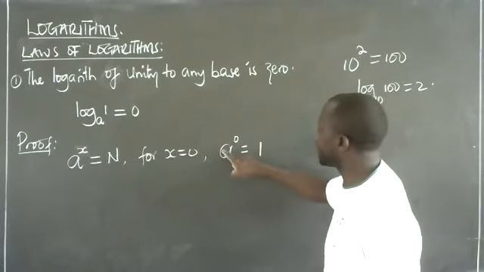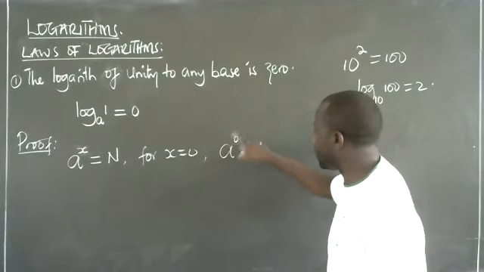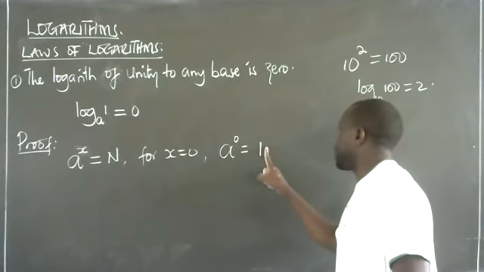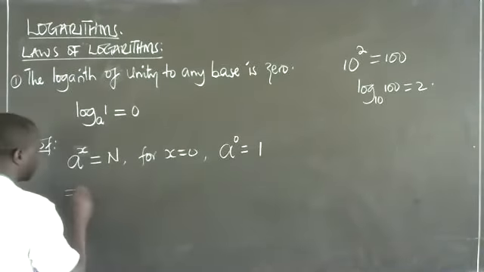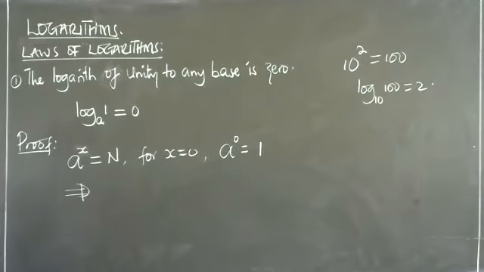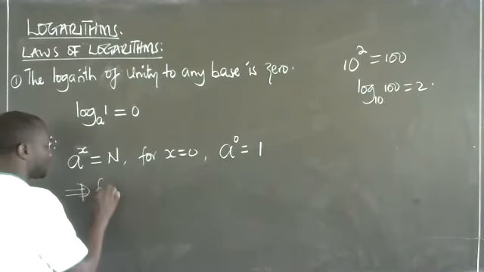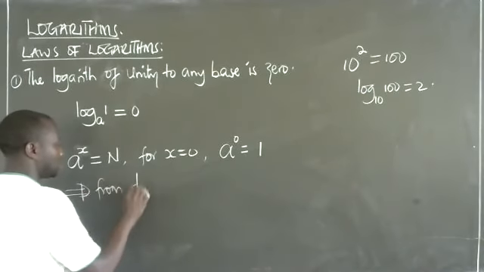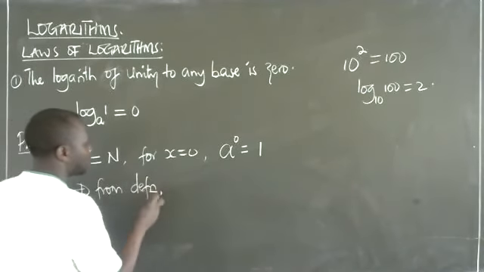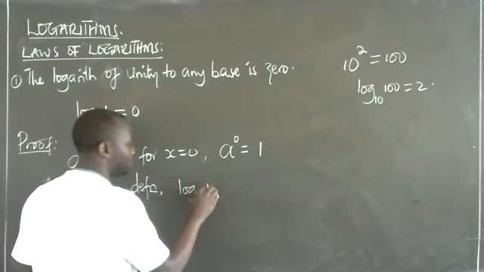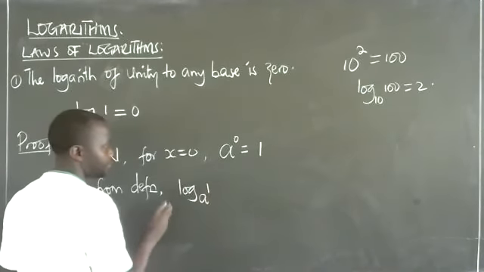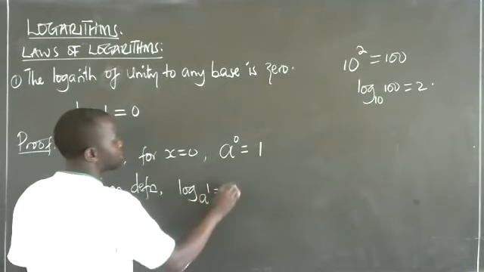Instead of 10 to the power 2, I have a to the power 0. Instead of 100, I have 1. What will it be, therefore, from the definition of logarithm? Log of 1 to the base a is equal to 0. Is that untrue?